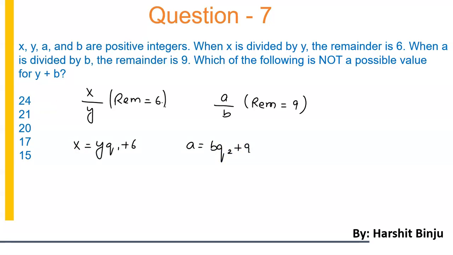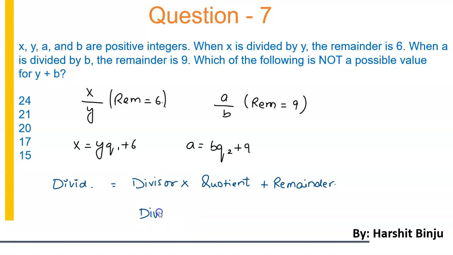Now, when you talk about this concept that dividend is equal to divisor multiplied by quotient plus remainder, always remember that divisor is always greater than quotient.